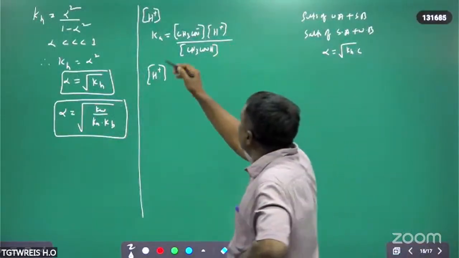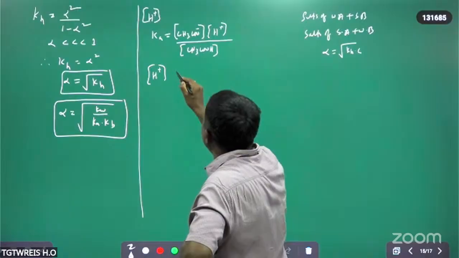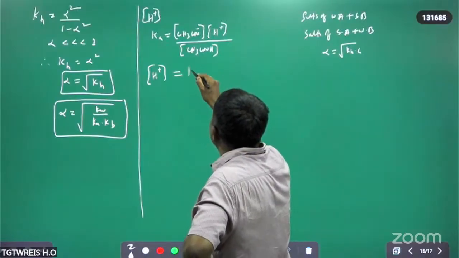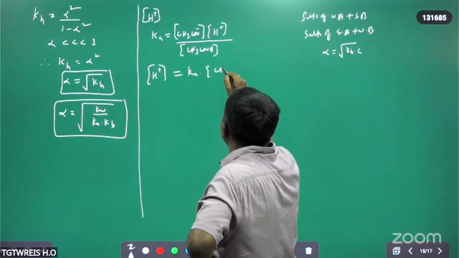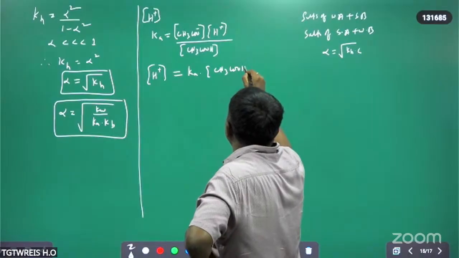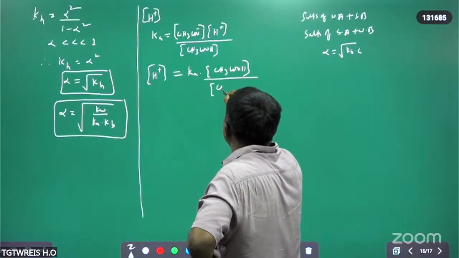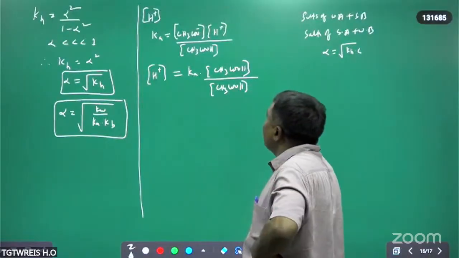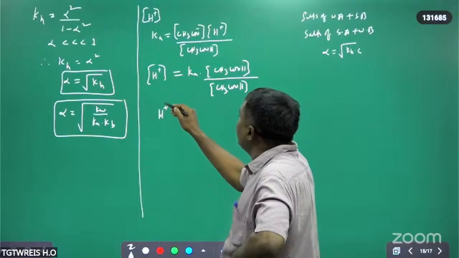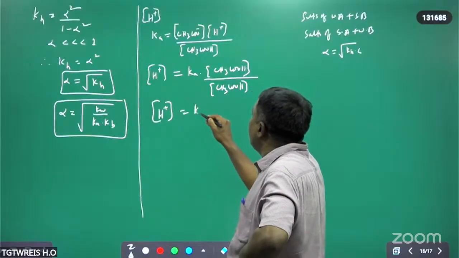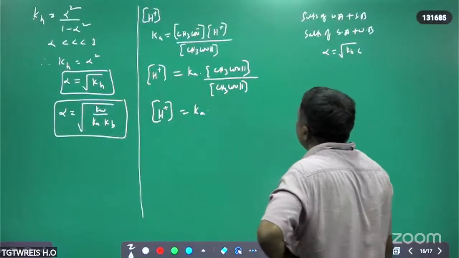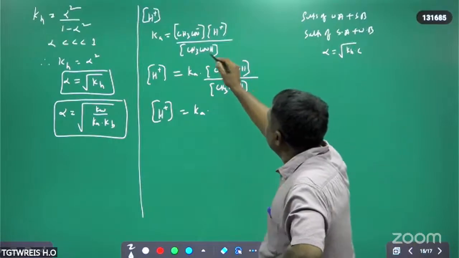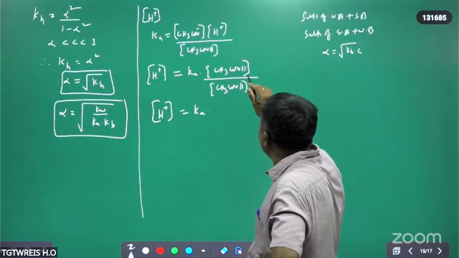From this expression, H plus ion concentration is equal to Ka into acetic acid concentration by acetate ion concentration. So what will be the acetic acid concentration now?